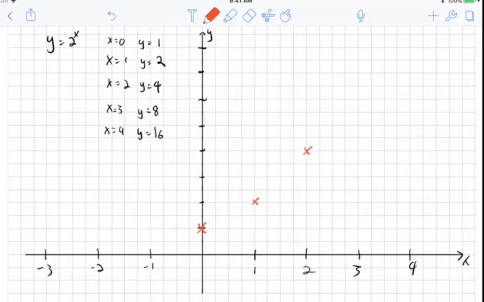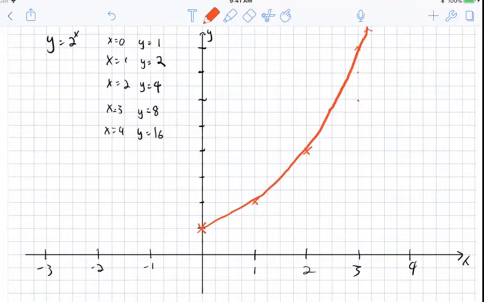When x is equal to 3, it's equal to 8. 4, 5, 6, 7, 8. All right. So to sketch the graph, it'll probably look something like this, and then it goes off my graph. Okay? And all I've done is connected the points together.